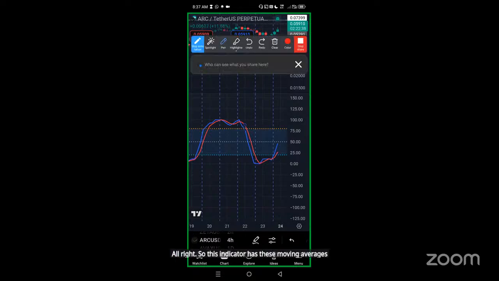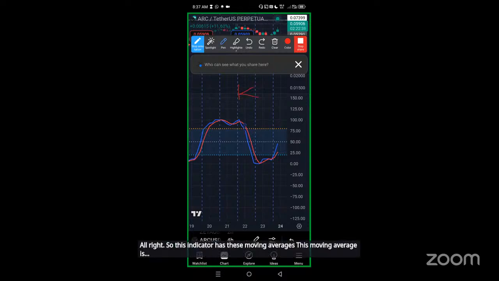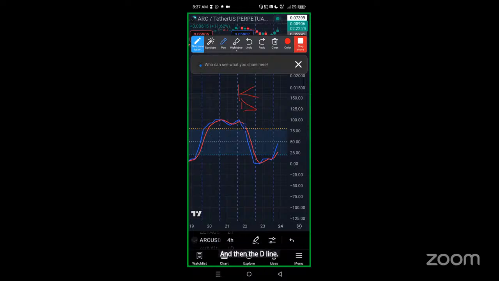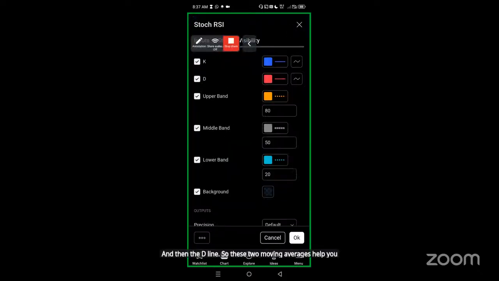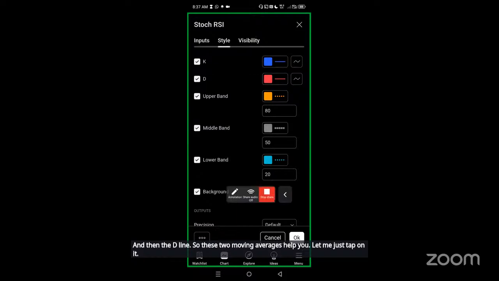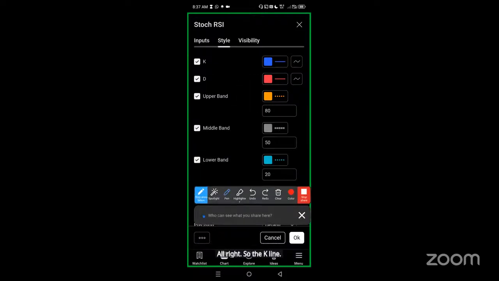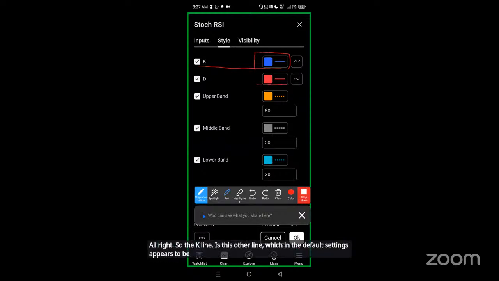These moving averages are the K line and then the D line. Okay, so these two moving averages help you. Let me just tap on it. All right, so the K line is this one, which in the default settings appears blue, and then the D line is the one that is red.